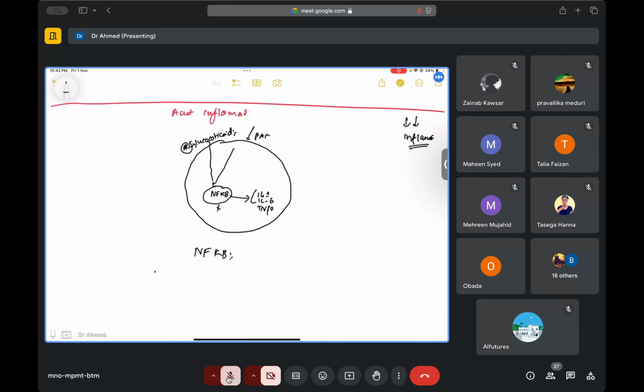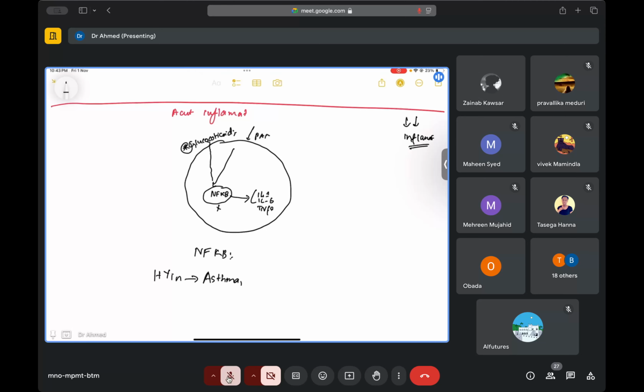What are the indications? High yield indication: we are going to give them to asthmatic patients, those who have asthma. We have already done that. This can also be used in certain acute inflammatory states. What are the adverse effects?